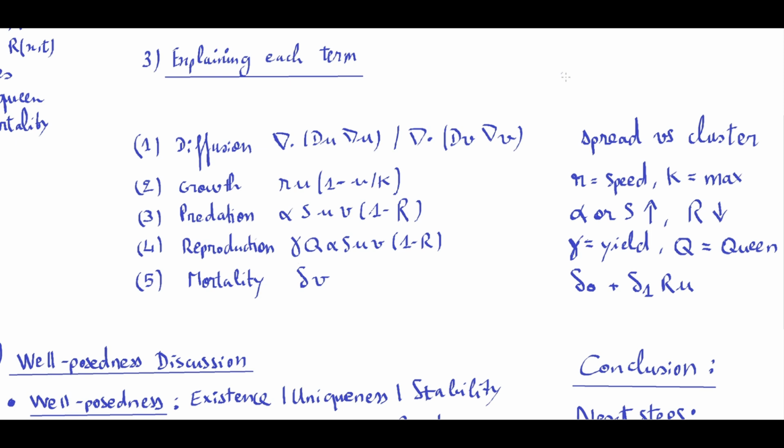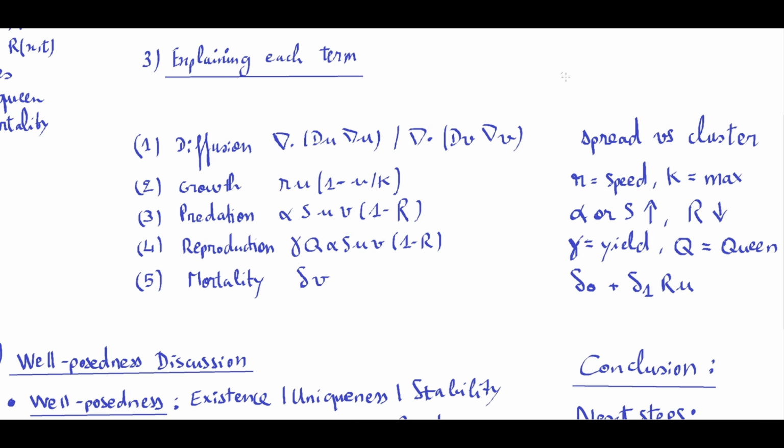Now, for the predation term, when the xeno attacks, alpha is the base rate, S is our stealth function, R is the human defense function. If we increase S or alpha, then we will have more attacks. On the contrary, if we increase R, the human defense, we will have fewer successful predations.